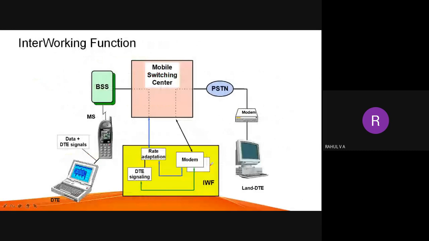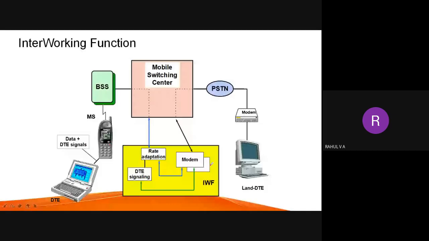Now, the interworking function is about accessing data. We already know that the data facility was first introduced in the 2G network. The first generation mobile phone communication system didn't have any data system. But later the second generation had a data system from 14.4 kbps to 64 kbps.